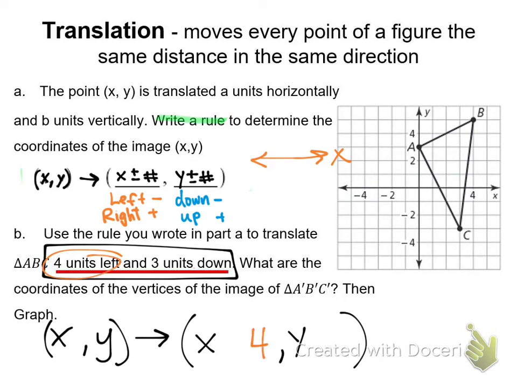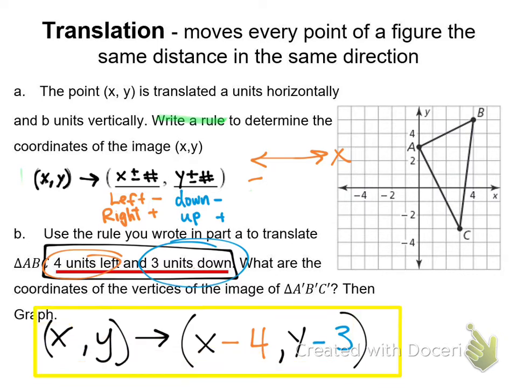So am I going to go plus 4 or minus 4? Minus, because on the x-axis, minus is to the left. And then 3 units down means we're going to go plus or minus? Minus. So that's the rule.